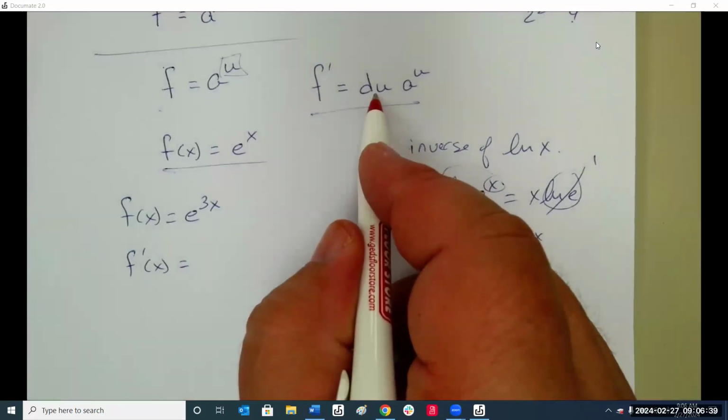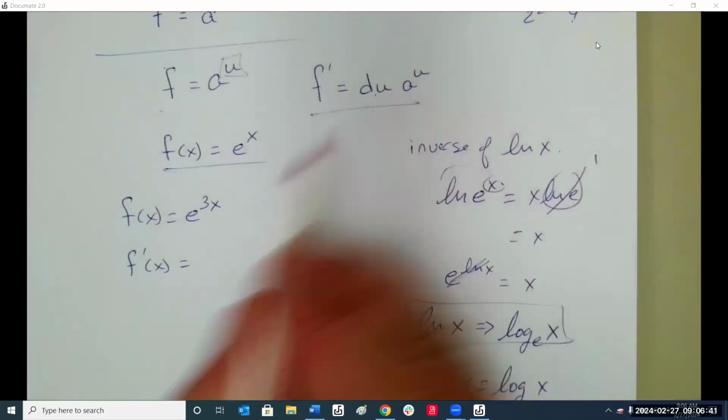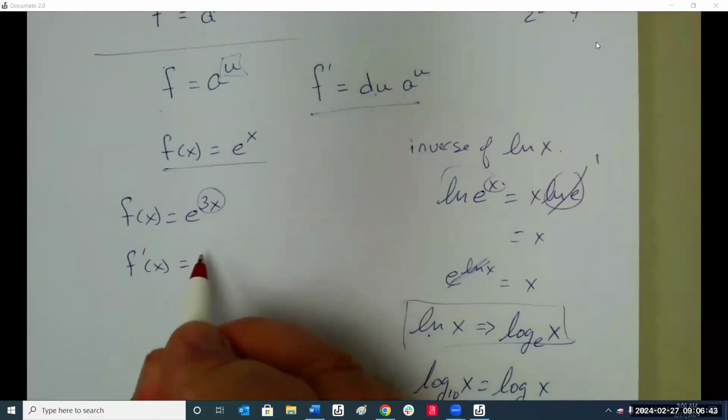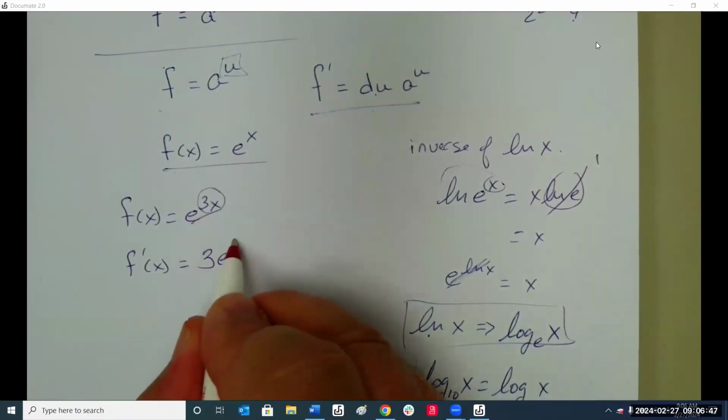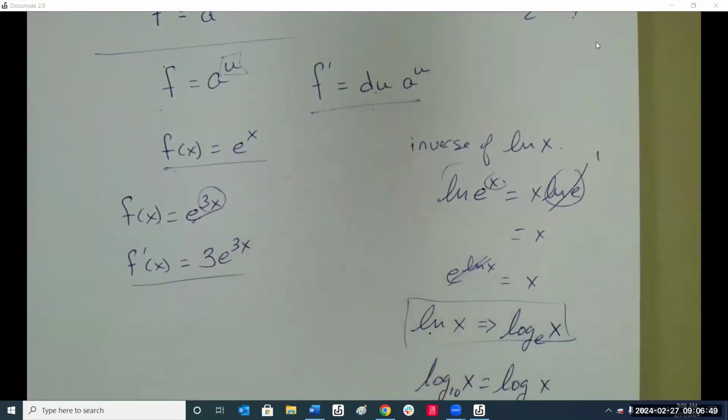So du means what? Take the derivative of the exponent. What's the derivative of 3x? 3, and leave that alone. And there's your answer. That's all there is to it.